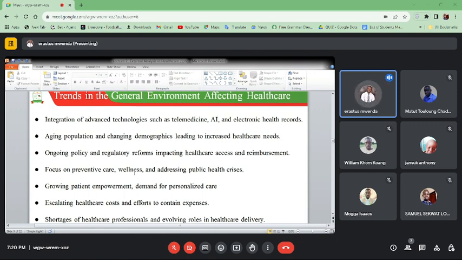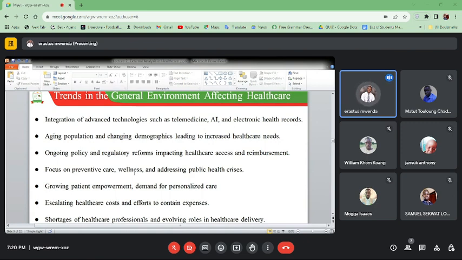That means as healthcare organizations, we need to be aware of trends in relation to policies and regulatory frameworks so that we can align ourselves to those policies and be able to meet our goals and objectives.